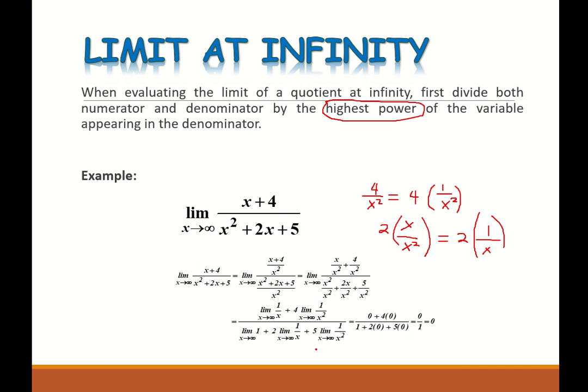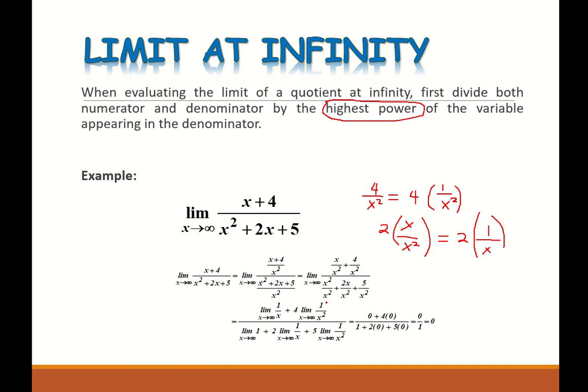Okay, and do the same in the denominator. Then substitute the value of x equal to infinity. So we have 1 over x as x approaches infinity, so the first term here is equal to 0. Then you have 4 times 1 divided by x squared as x approaches positive infinity.